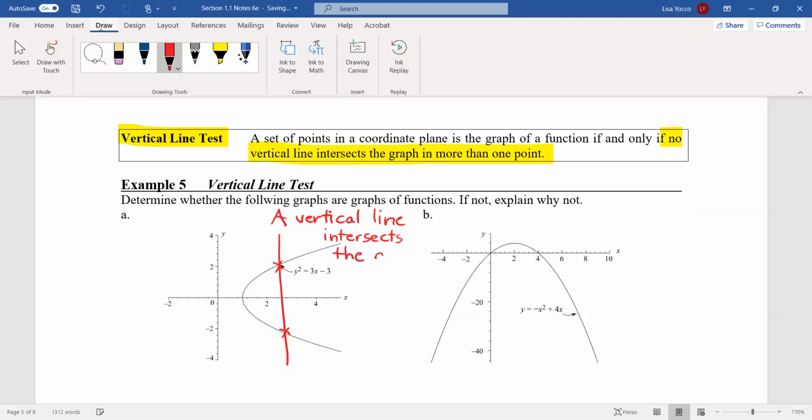So a vertical line intersects the graph in more than one point. Not a function. Okay.